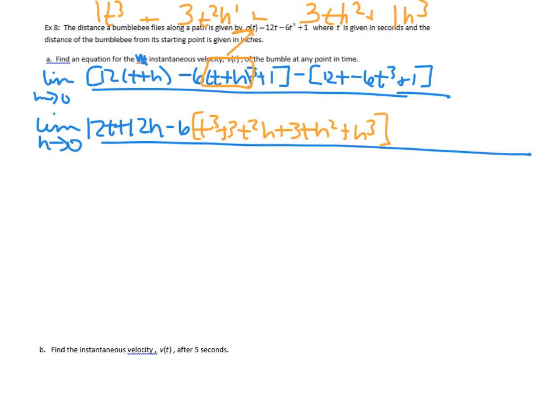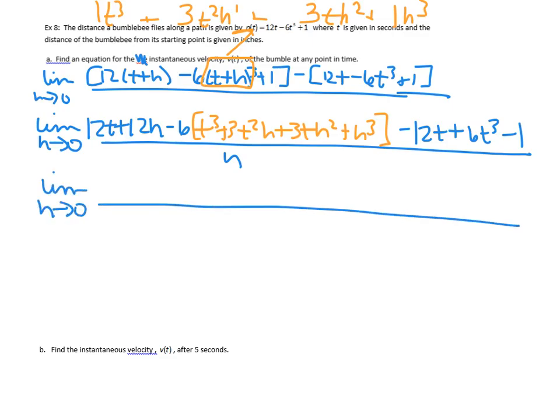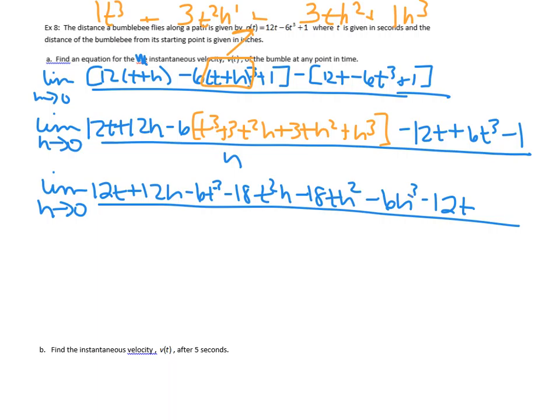Okay. So then it's minus 12t plus 6t cubed minus 1 over h. So my limit as h approaches 0 of 12t plus 12h minus 6t cubed minus 18t squared h minus 18th squared minus 6h cubed minus 12t plus 6t cubed minus 1 over h.